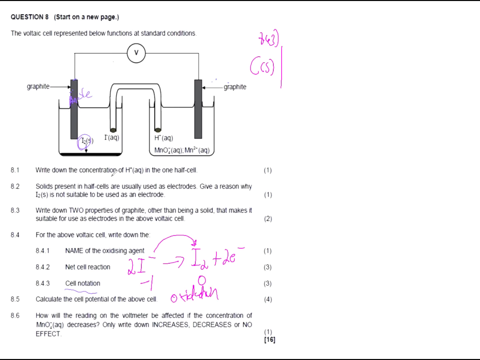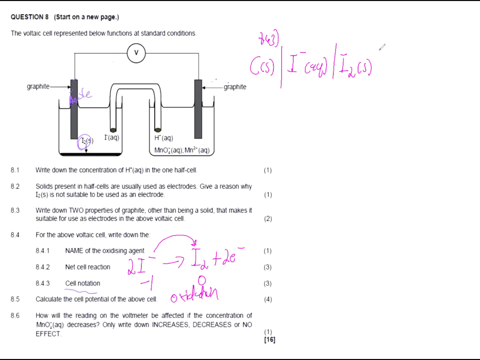So remember, even when you write the cell notation, it should indicate that oxidation took place. If oxidation took place, that means we have to start from the ion here, which is I minus, in aqueous solution. But this I minus actually oxidizes to I2 solid, so we should be careful of that.